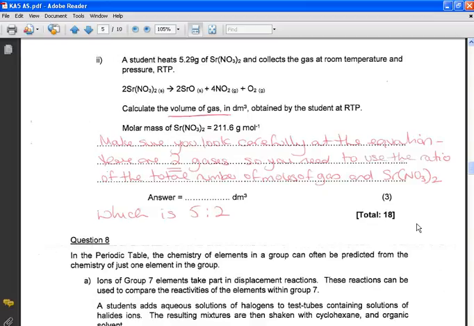And on the reactant side, your strontium nitrate, you've just got 2 moles, so you've got a ratio here of gas to the strontium nitrate of 5 to 2. So it's a pretty straightforward calculation in terms of volume, as long as you've got the right equation, calculating volume of gas. But you've got to get the ratio correct. If you get that ratio wrong, you get the answer wrong.